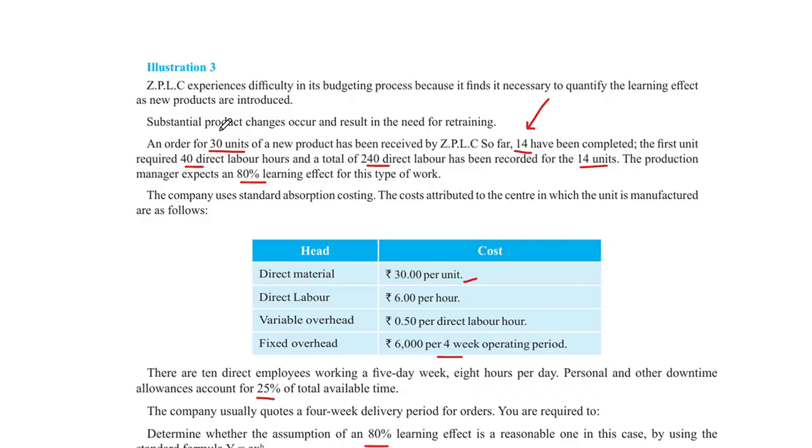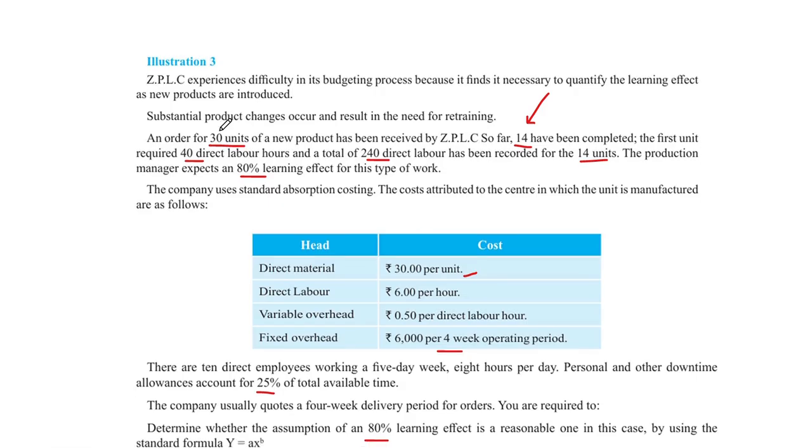So for the second order of 20 units, first we need to calculate the total time for 50 units, and out of that, if we subtract the total time for 30 units, then we find the total time for the next second order of 20 units. Got it?